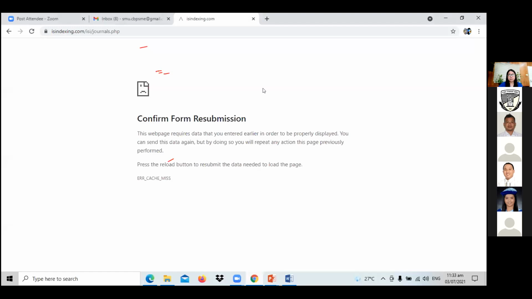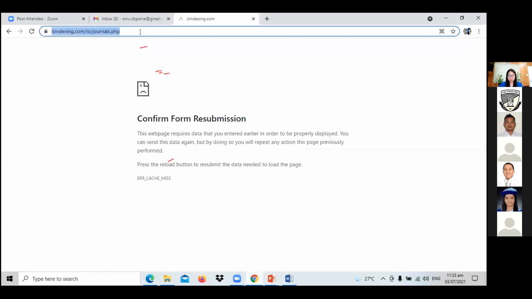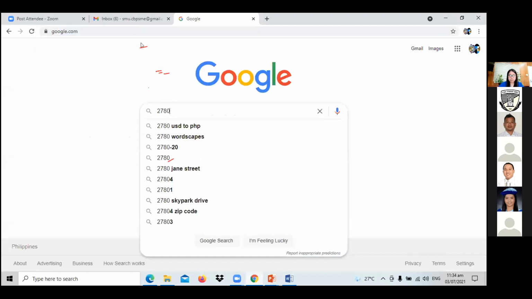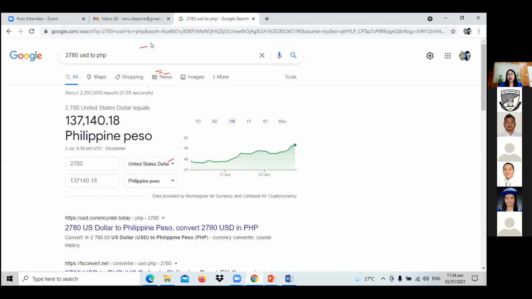Let's check. 2,780 USD to PHP is 137,140.18. So hopefully everyone is rich enough to afford this, right? If you can find some of the papers in that journal, they afford this amount.